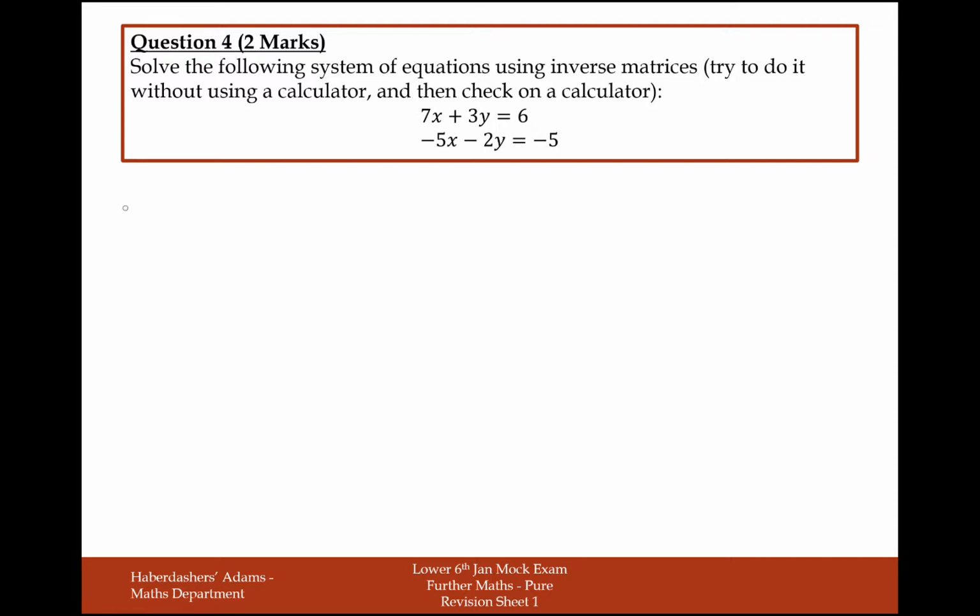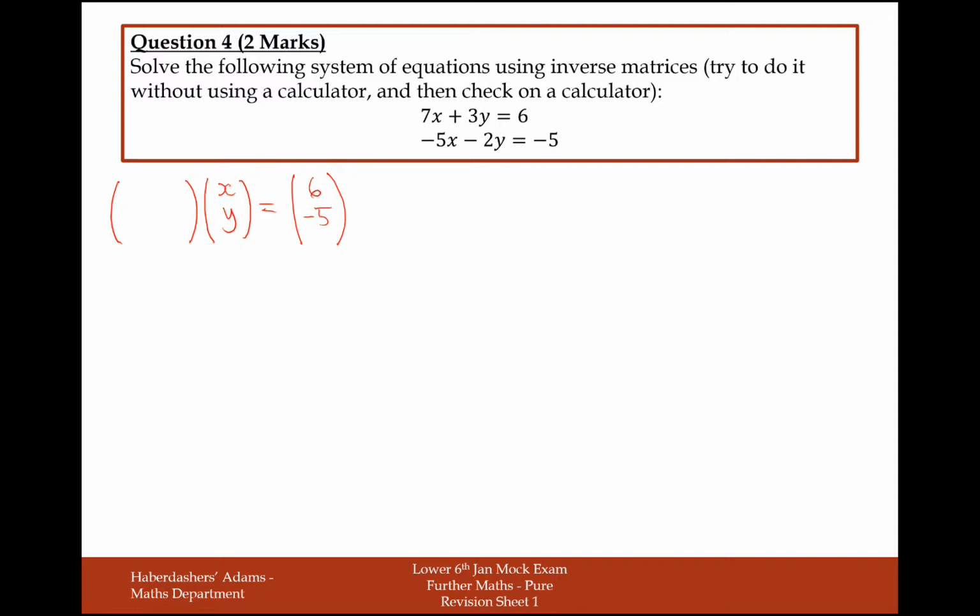So, the way that we can represent simultaneous equations using matrices is to have some matrix times by the xy matrix equal the matrix 6, minus 5, from the answers to our simultaneous equations.